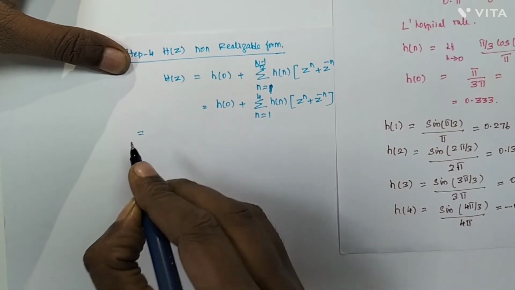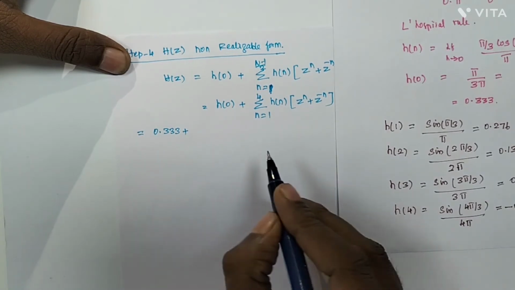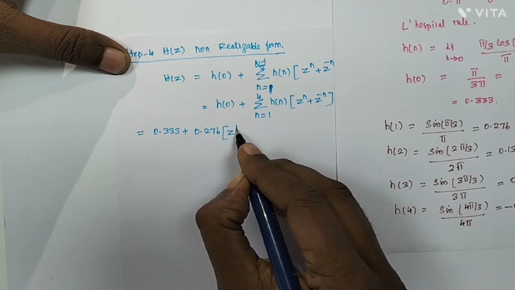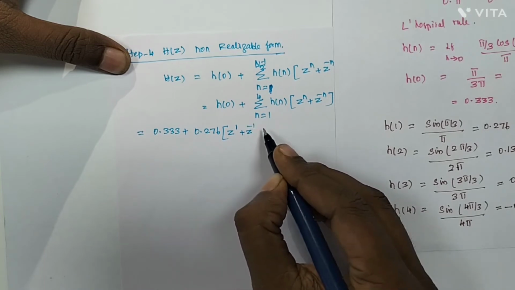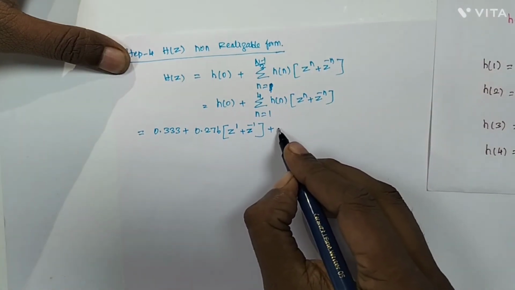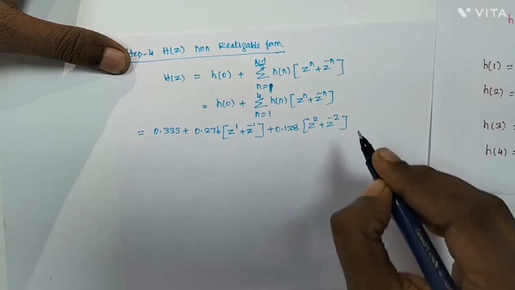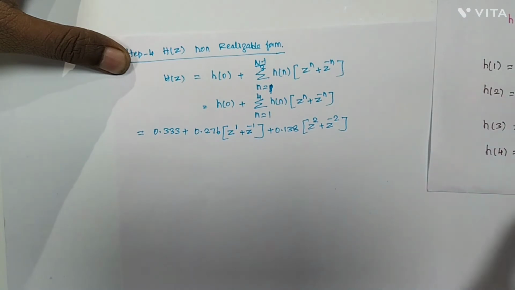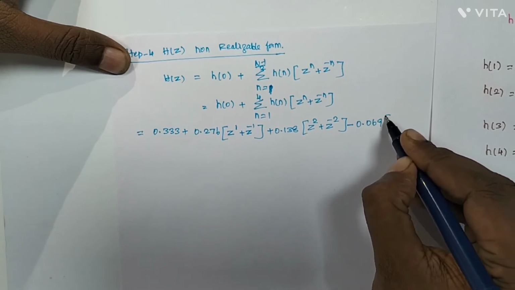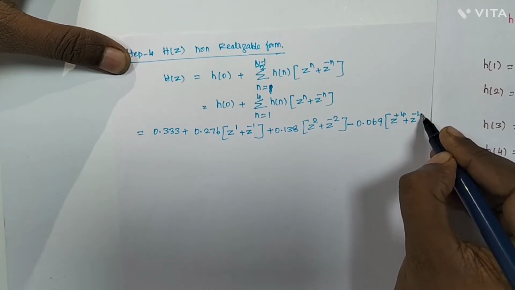So h of z is equal to 0.333 plus h of 1 is 0.276 into z power 1 plus z power minus 1, plus 0.138, that is h of 2 value is 0.138, z power 2 plus z power minus 2, plus here h of 3 value is 0, and then h of 4 is minus 0.069, z power 4 plus z power minus 4.